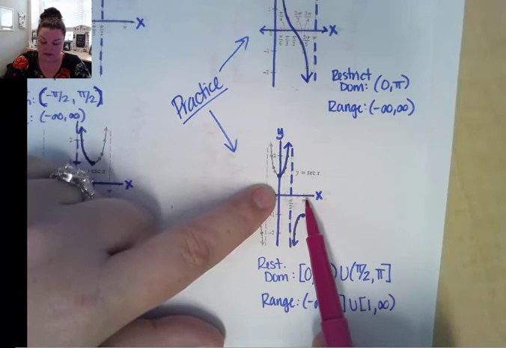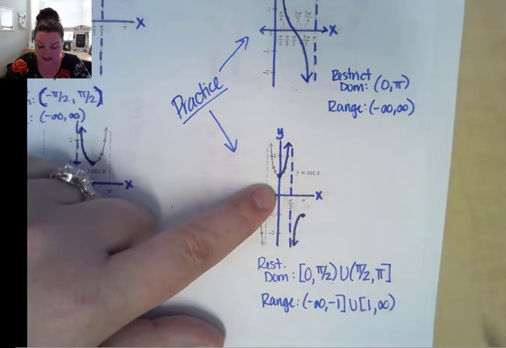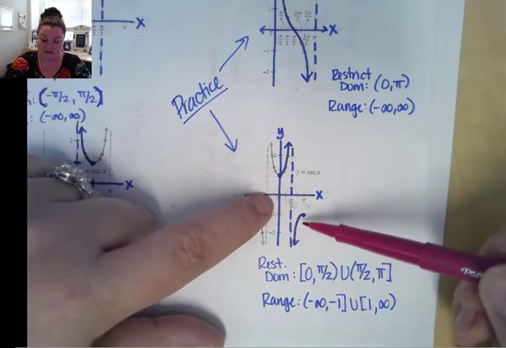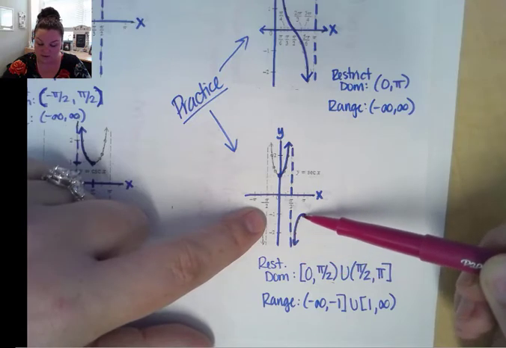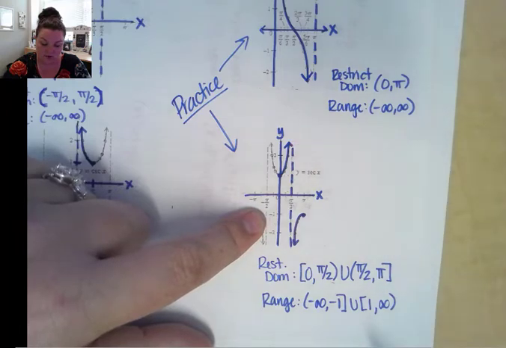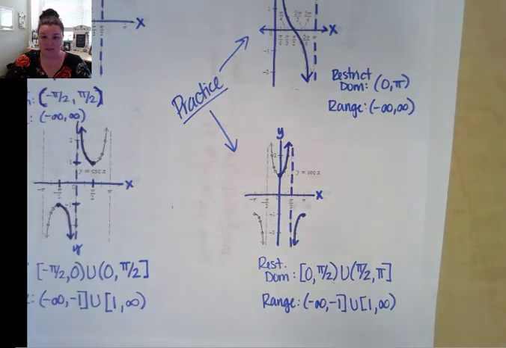So the domain is from 0 to pi included, minus the asymptote in the middle. As far as my range, I start with the lower piece, from -infinity up to -1, and then this piece goes from 1 up to infinity. Our 1s are included and our infinities have parentheses.